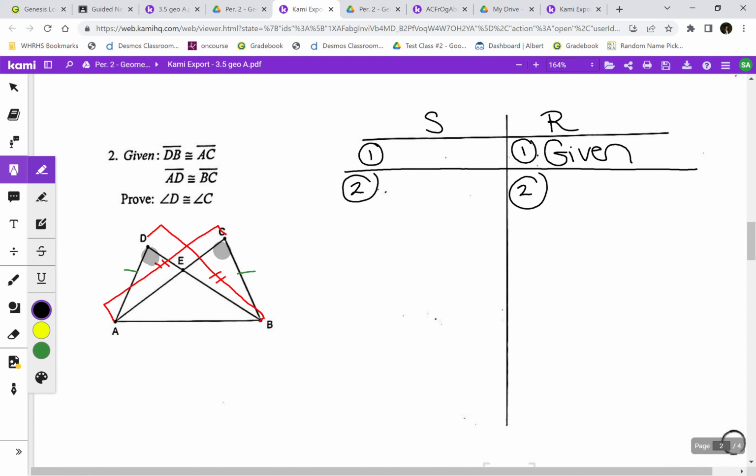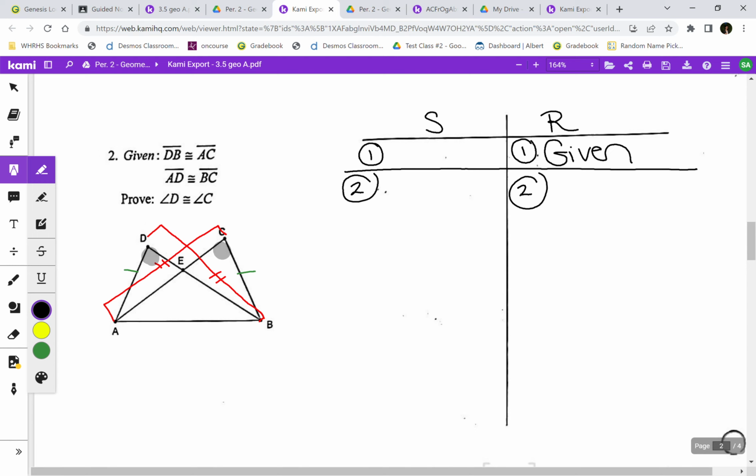So your plan should be to find triangles that have those two angles in them. Do you all agree that triangle DEA and triangle CEB... All right, do we agree that triangle DEA and DEB have those angles in them?